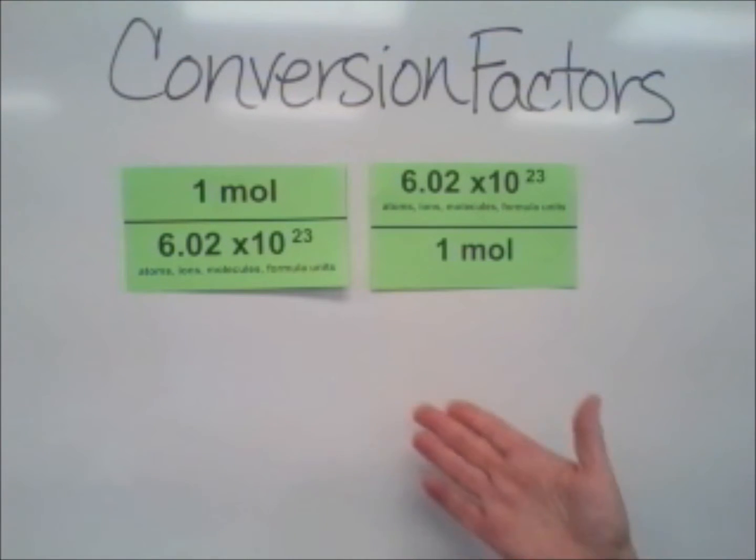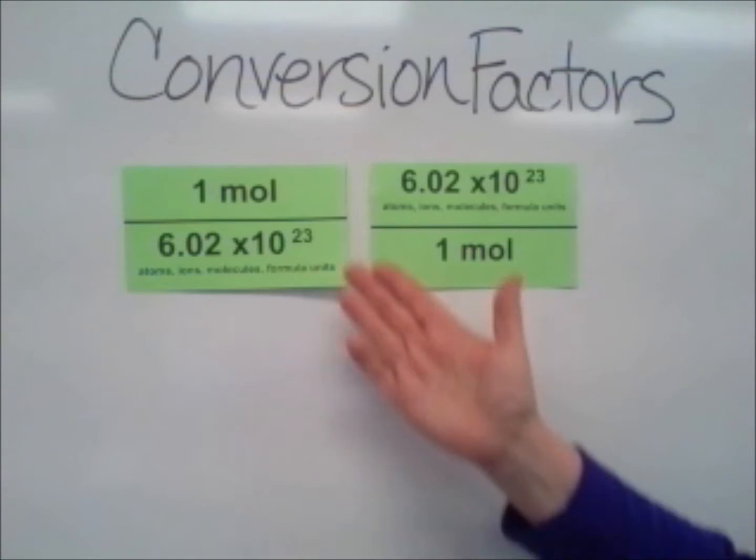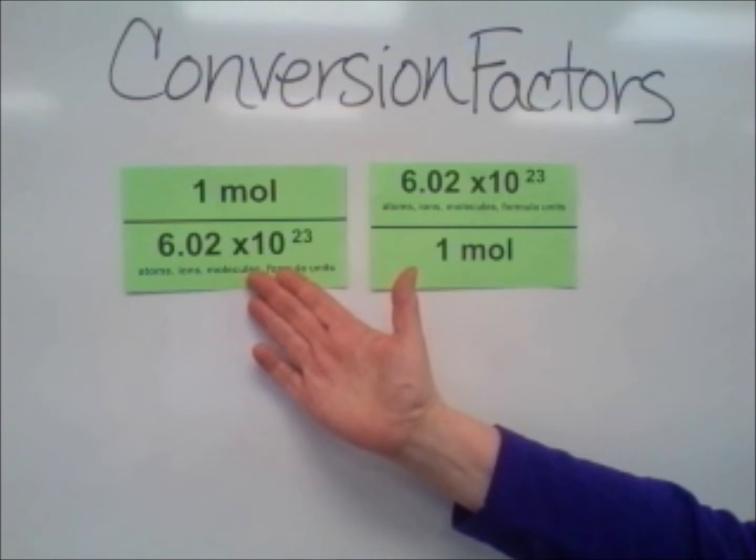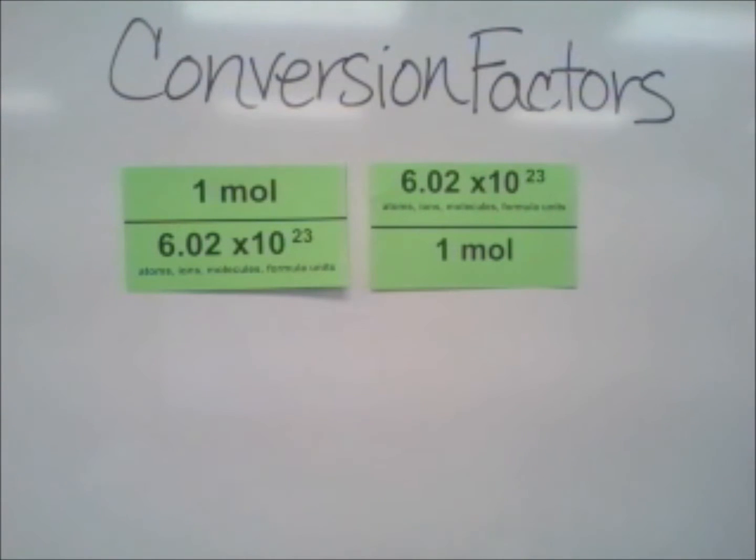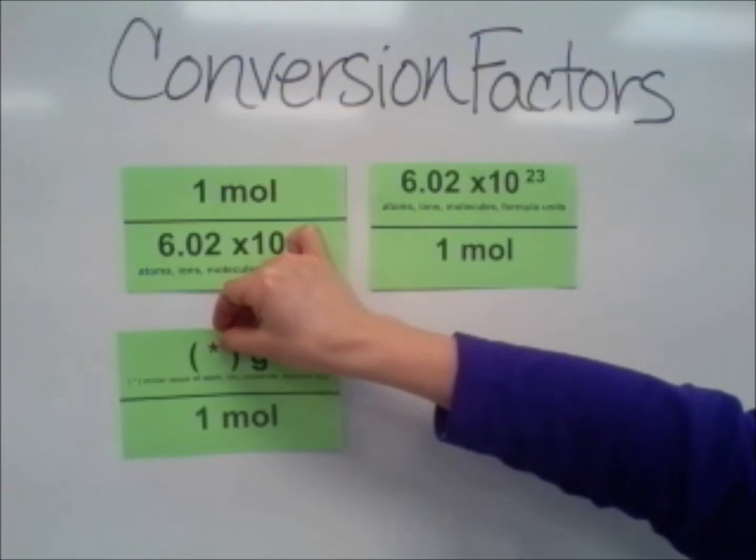Remember that the conversion factor is equal to 1. So 1 mole is really the same as this, and we can flip it around the other way, and it is still equal to 1. Likewise, we can use a second conversion factor.